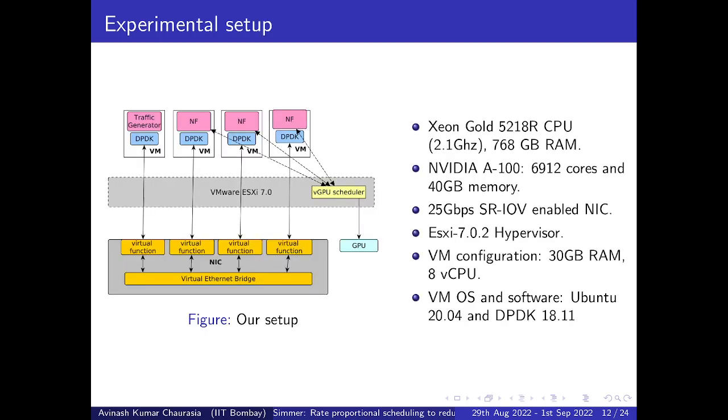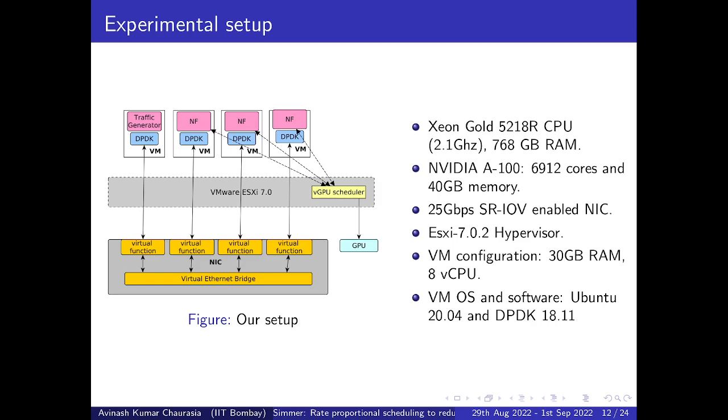This is our experimental setup, and it consists of a Xeon Gold 5218R CPU, 768 GB RAM, and an NVIDIA A100 GPU, which consists of 6912 GPU cores and 40 GB memory. The setup also includes a 25 Gbps SR-IOV enabled NIC.